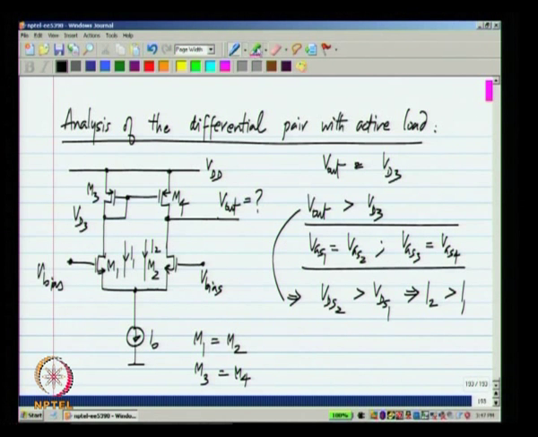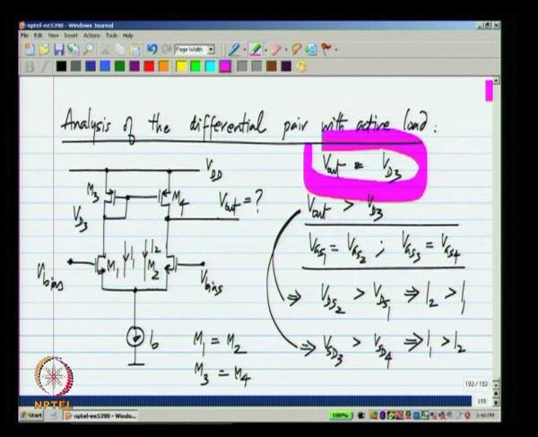Now, if you look at the same thing for M3 and M4, the same condition implies that VSD3 is more than VSD4, which implies that I1 is more than I2. So, clearly this is a contradiction, and the only consistent solution is to have V out equals Vd3.